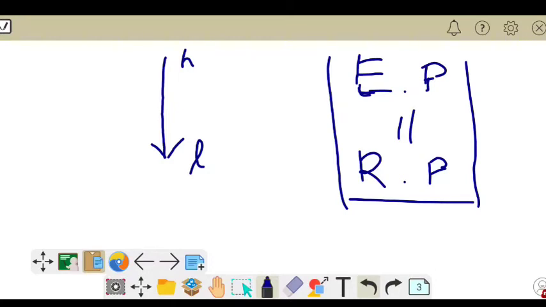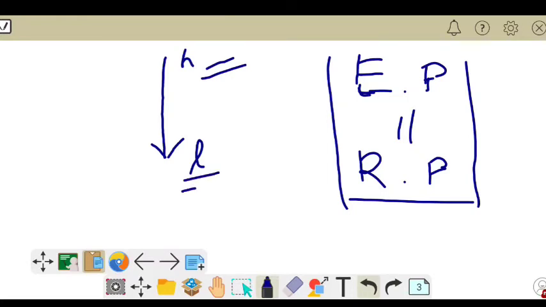So in the electrochemical series, the topmost metal has the highest electrode potential. Now you see, highest electrode potential means that the element placed at the top will have the highest reduction potential. Is it clear? It will have more tendency to get reduced.